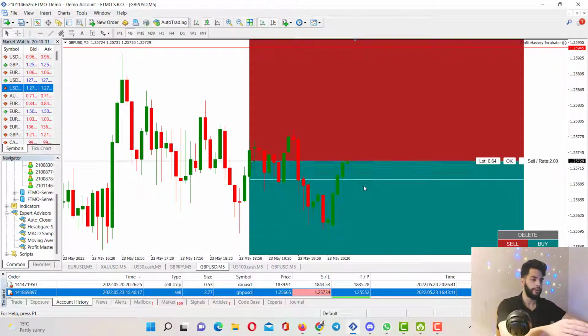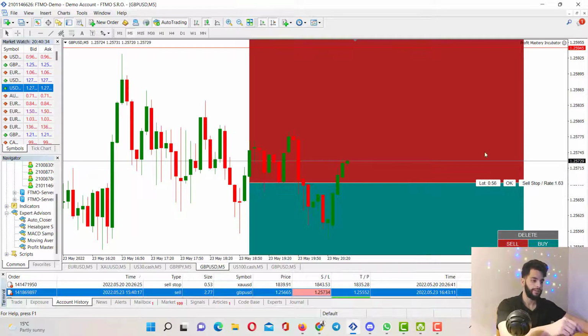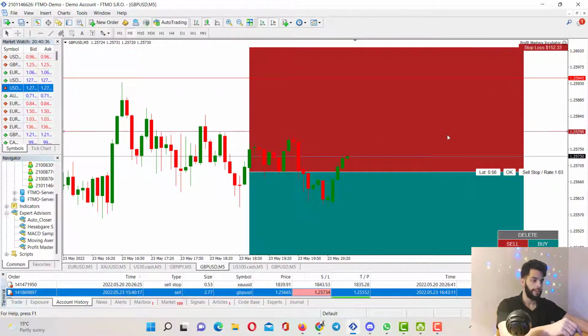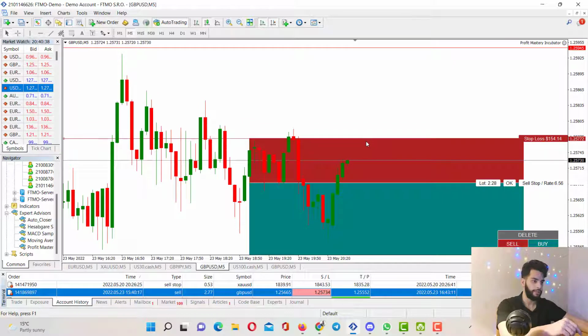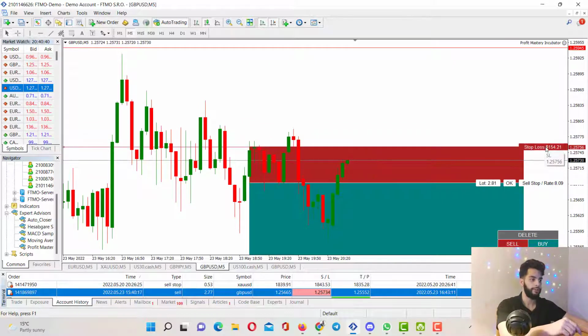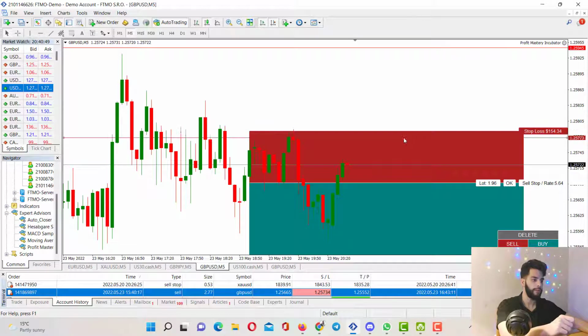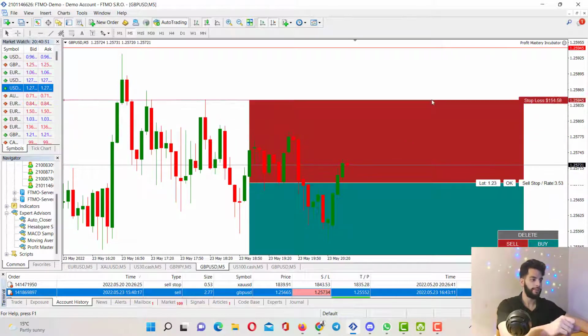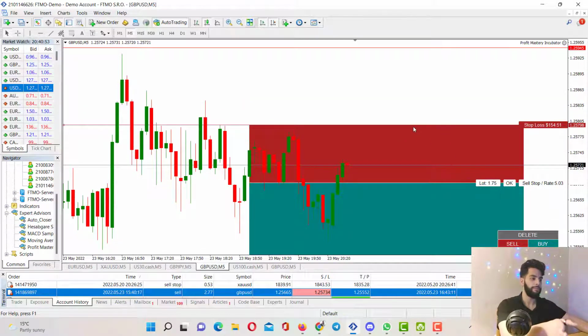So if I'm going to take my sell stop here, and my stop loss is right here. See, this is my stop loss. Look at this amount, guys. $154, which is 1.5% of my $10,300 account. And if I keep moving my stop loss, you see that the amount is going to be the same, but the lot size keeps changing.